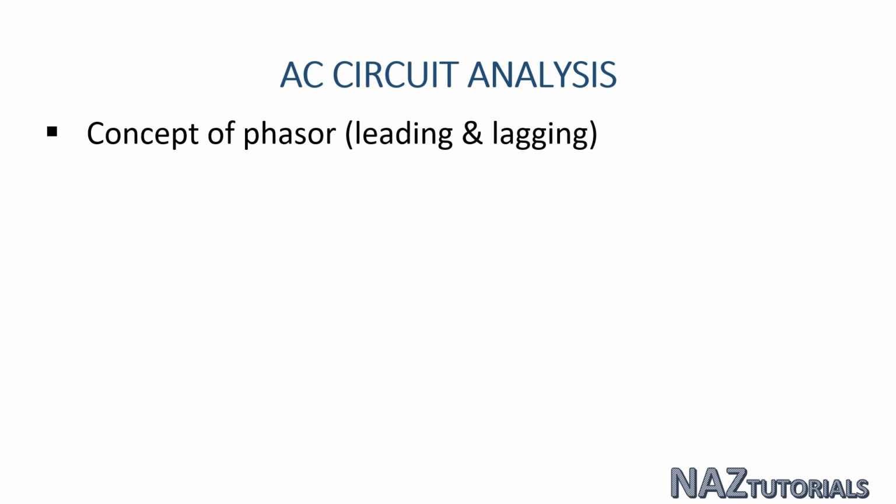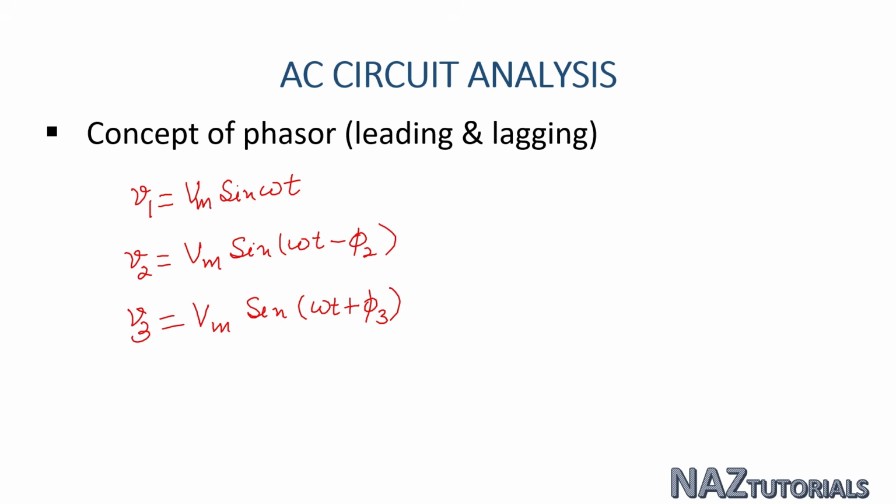Then we take another example to understand the leading and lagging concept. Here we consider three voltage waveforms. V1 is Vm sin omega t, V2 is Vm sin omega t minus phi 2, V3 is Vm sin omega t plus phi 3. Now analyze the phasors, as all the waveforms have the same frequency. V1 waveform has phase angle 0 degree, so it is represented at 0 degree.